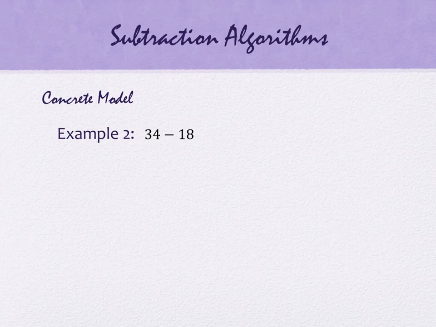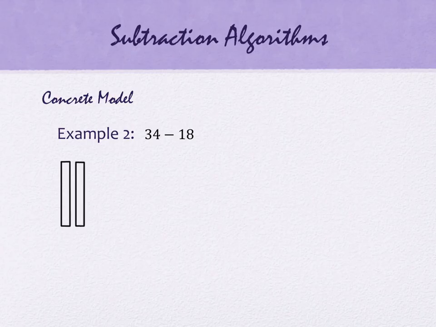It's the concrete model. So the concrete model looks like the base 10 blocks. When you see and hear the word concrete, it's talking about those blocks. So when it says 34, it means I have 3 longs and then I have 4 units, and I want to subtract, I want to remove, I want to take away 18 of them.